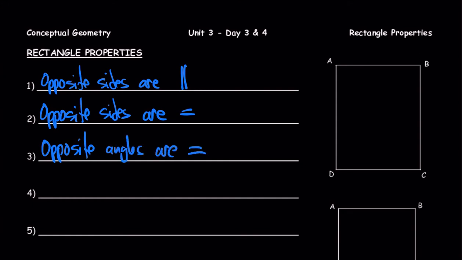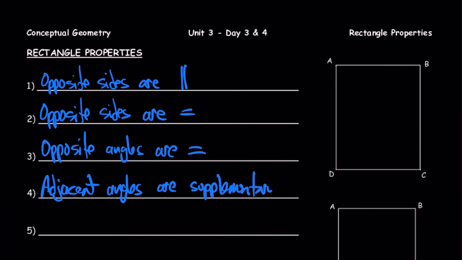You might say, well, wait a minute, I know something else about the angles. Hang on, we'll get there. Adjacent angles are supplementary. And the diagonals bisect each other.